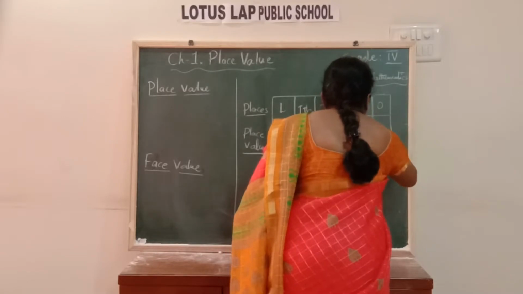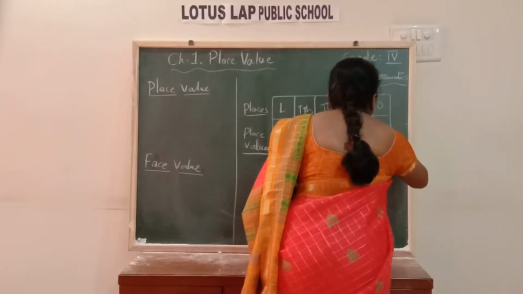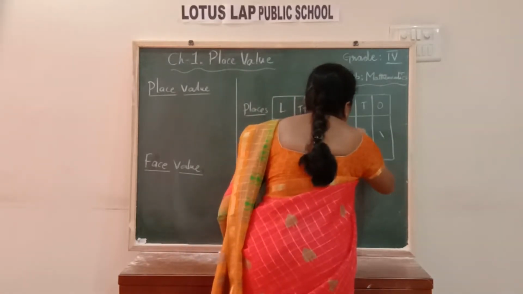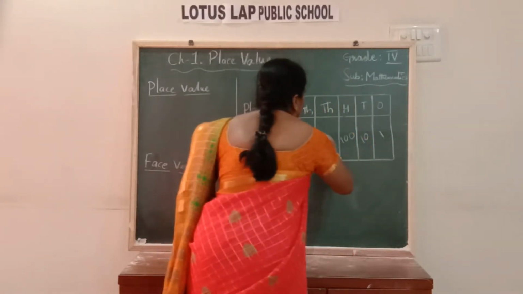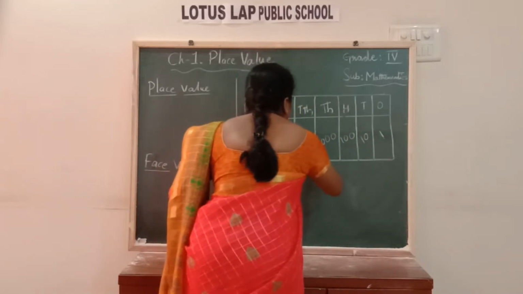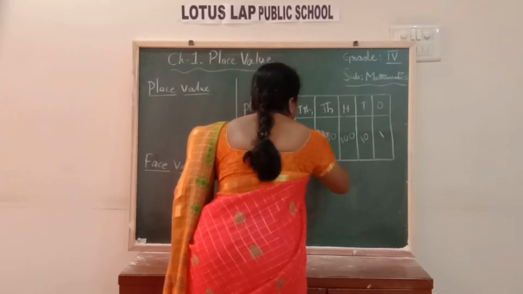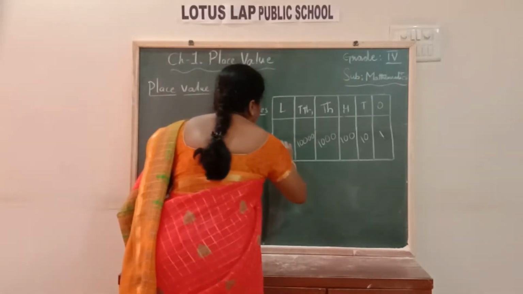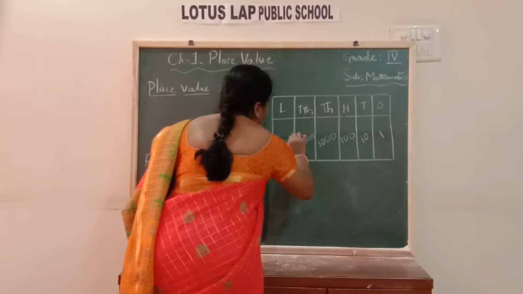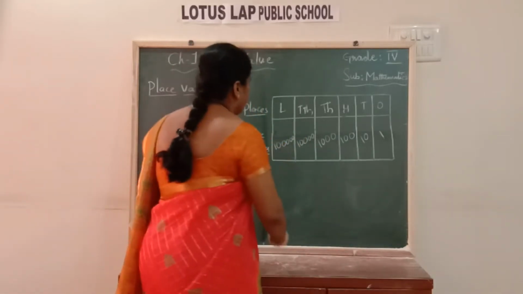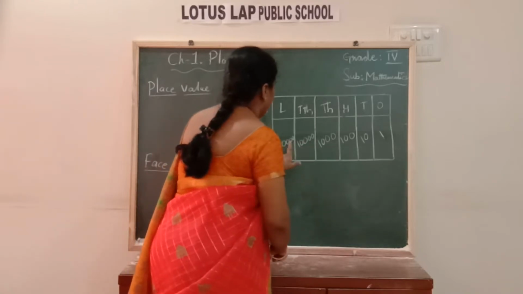The place value for hundreds place is 100. Thousands place, 1000. And 10,000s place, 1 followed by 4 zeros, 10,000. The lakhs place, 1 followed by 5 zeros, which is 1 lakh. So these are the place values of each place.